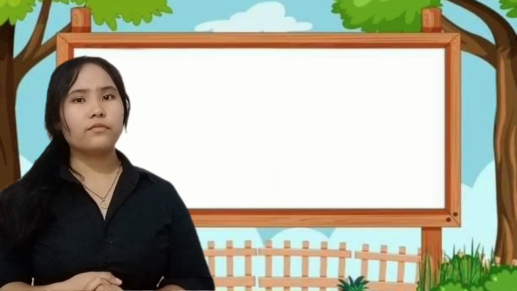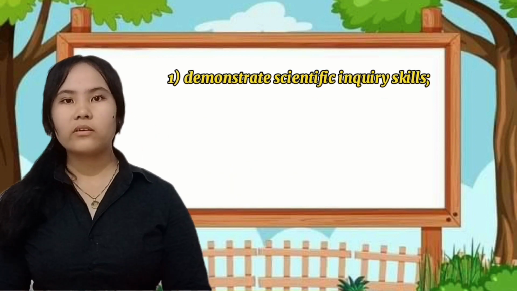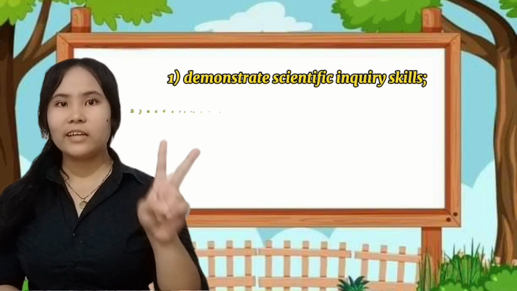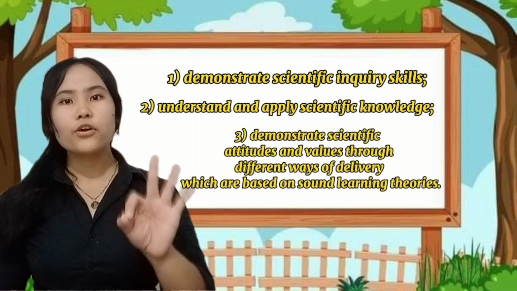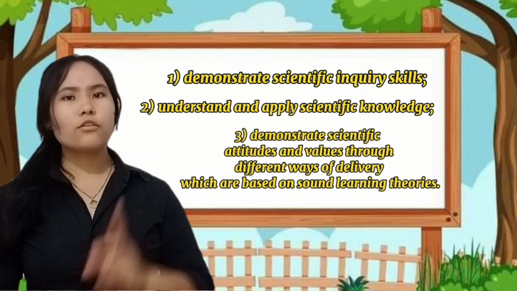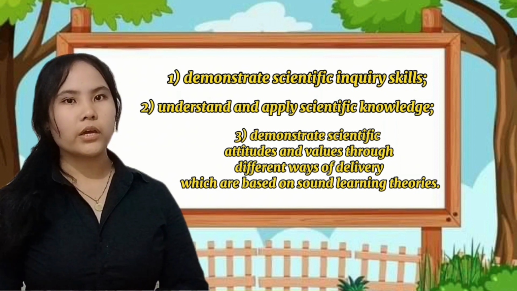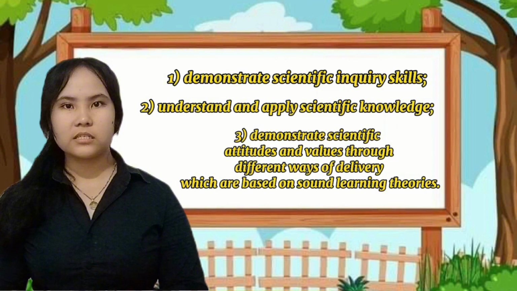This can be achieved if the learners can, first, demonstrate scientific inquiry skills. Second, understand and apply scientific knowledge. And third, demonstrate scientific attitudes and values through different ways of delivery, which are based on sound learning theories.